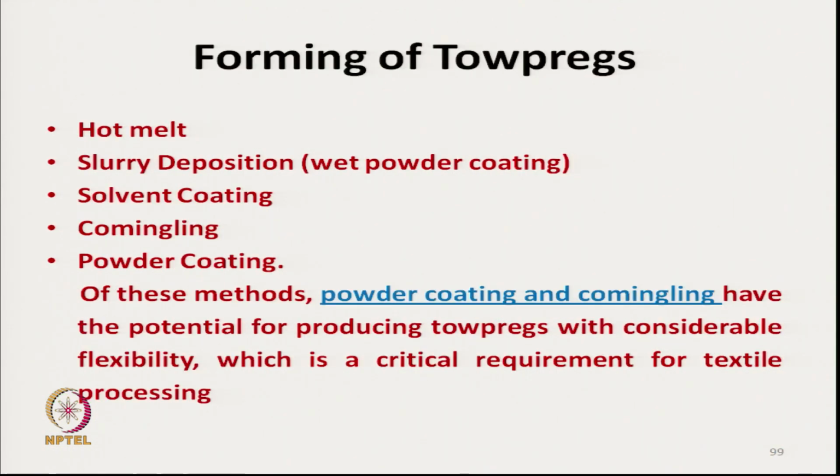So, there are different ways to form prepreg: by hot melt process, by slurry deposition, which is known as wet powder coating, solvent coating, commingling, powder coating. Of all these methods, powder coating and commingling have the potential for producing tow preg with considerable flexibility.